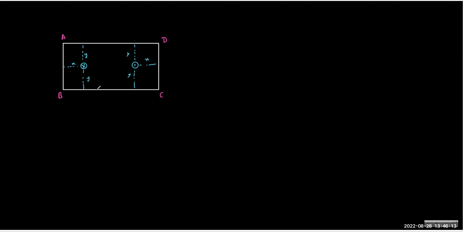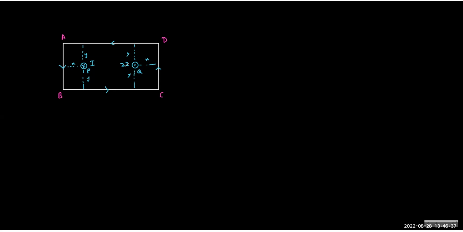Yes, sir. And the direction of traversing is given to you like this. I think you can see it. Current is also given. Yes, sir. Okay, so that's what is given.